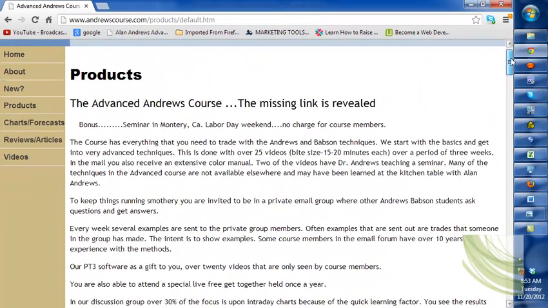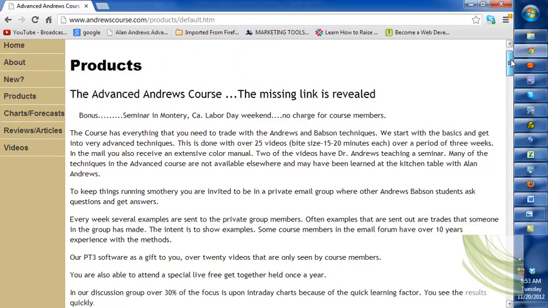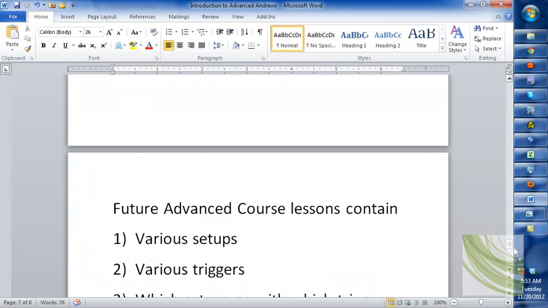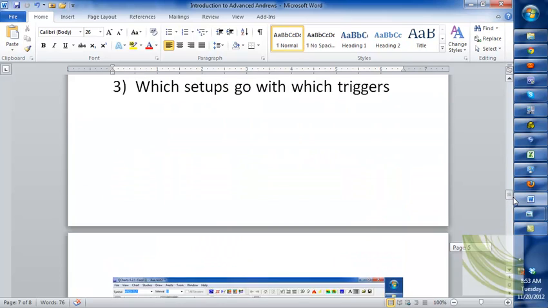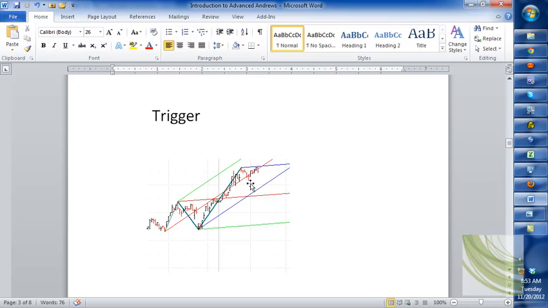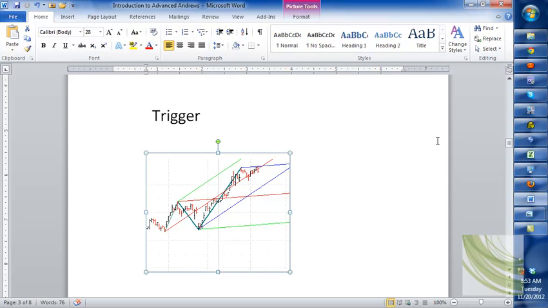And as a member of the Advanced Andrews course group, one of the huge benefits is that you get to be a member of our email group, and so you wind up getting the real-time emails and the pretty little pictures, charts and stuff that I send out. Like, for example, when Apple was up here, this is one I sent out, right?